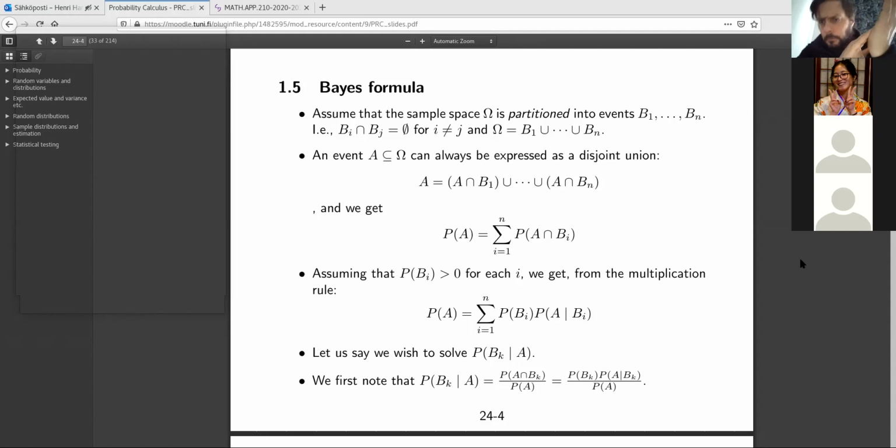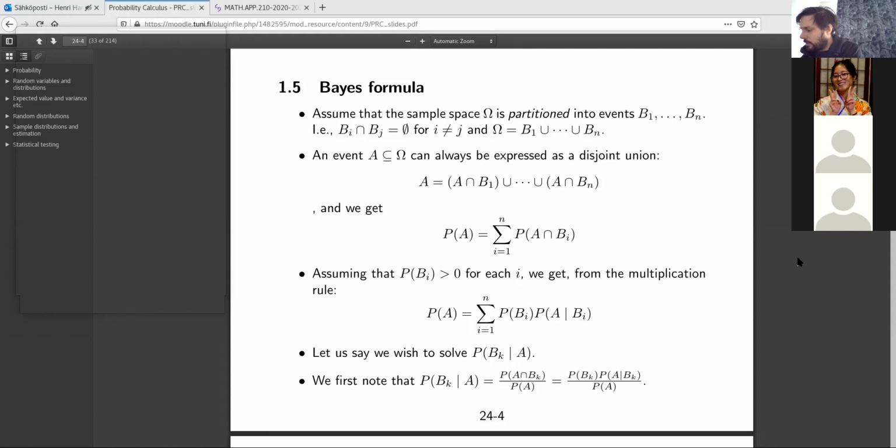Now, Bayes' formula can be expressed relatively straightforwardly by simple manipulation of the formula, but I'd like to define it in a slightly different way. So let's start with the idea that the sample space is partitioned into events. I'm going to draw you a picture. This is partitioned into events, let's say like this.